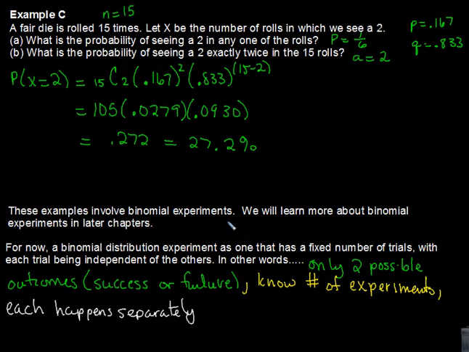Maybe. Every time you roll a die 15 times, your results are going to be different, though. But in an ideal definition, every experiment is happening separately. You're not conducting more than one at the same time. Does that make sense? And again, only 2 outcomes, success or failure. So it's a 2 or it's not a 2.